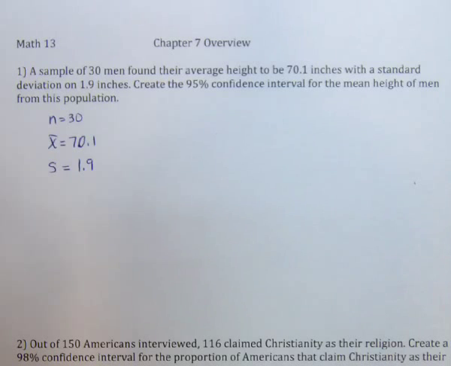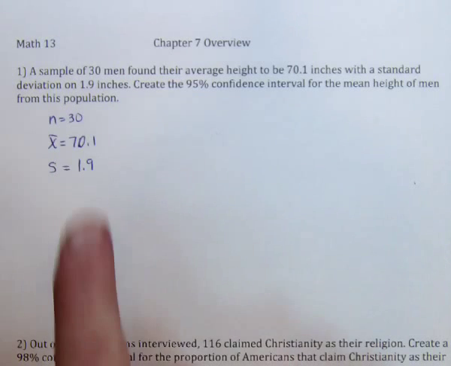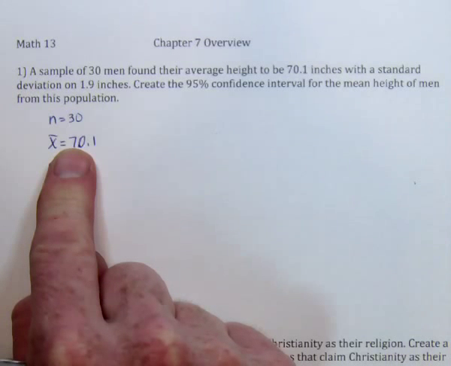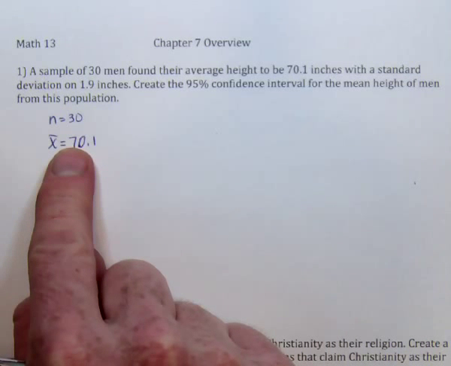Now the idea is, wherever these people came from, whatever the population is that they represent, then we would think that, on average, guys there are 70.1 inches tall. So what is that? 5 foot 10, about 5 foot 10. Anyway, but of course, since that's based only on 30 people, that's not going to be perfectly true.